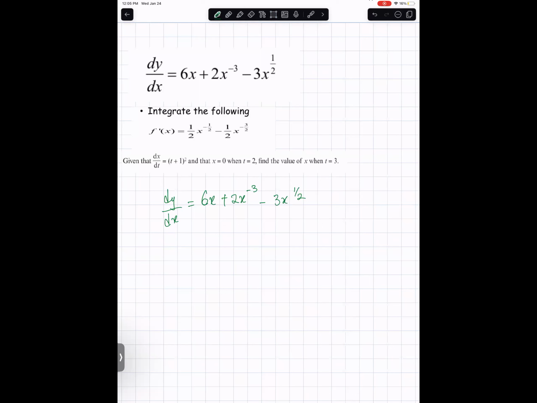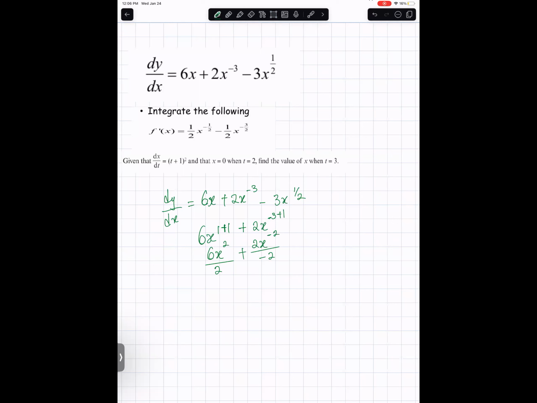So like we said earlier, the power of x in the first guy is 1. So plus 1, that gives us what? 6x raised to the power of 2, then divided by 2. Then moving to the next guy, I have 2x to the power of minus 3 plus 1. That will give us what? 2x to the power of minus 3 plus 1 gives us minus 2, divided by minus 2.